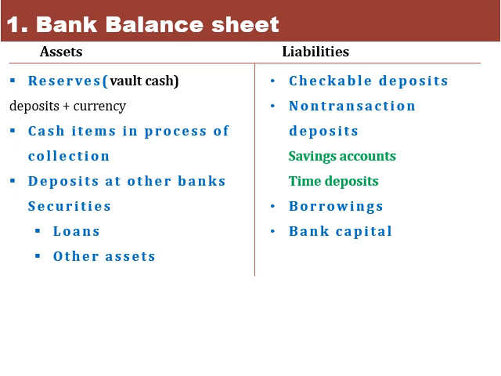Then we have securities, loans, and other assets. On the other hand, liabilities are classified into the following items: checkable deposits, non-transaction deposits, which are divided into savings accounts and time deposit accounts. Then the third item is borrowing, and the final item is the bank capital.